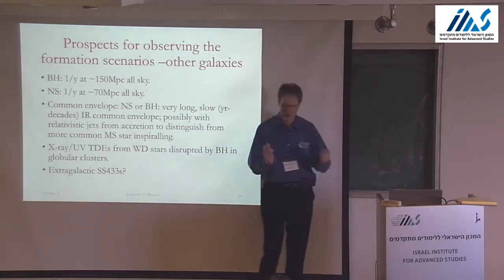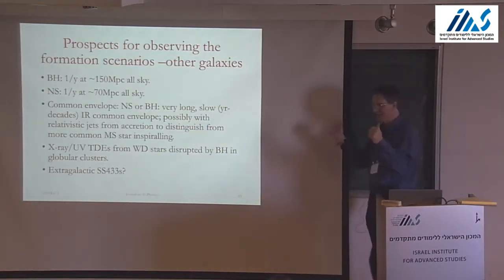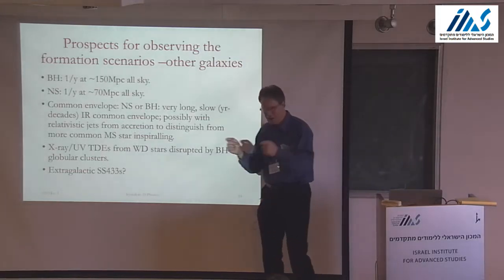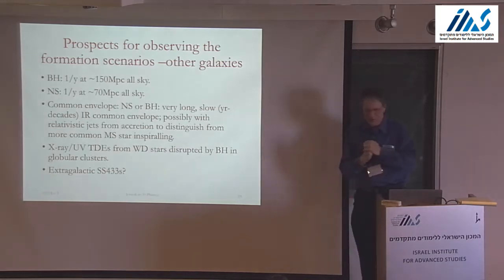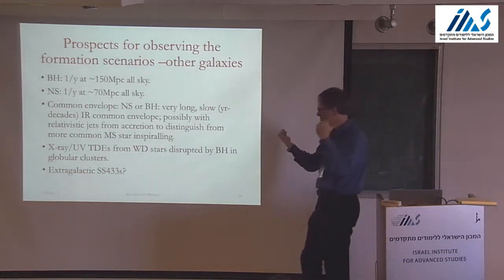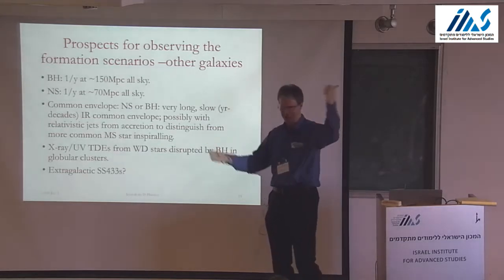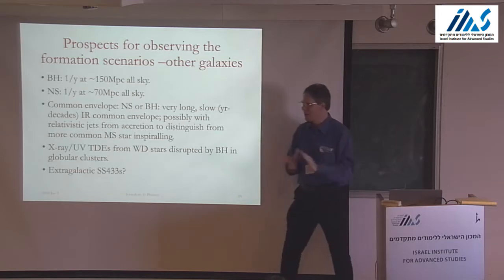SS433, the famous object which maybe young people don't know about, was the most exciting relativistic astrophysics object when I was young. It's an object with precessing jets, velocity of 0.26 c, H alpha jets with a Mach number of 10 to the 4, corkscrew radio jets, eclipsing X-rays, the whole shebang.